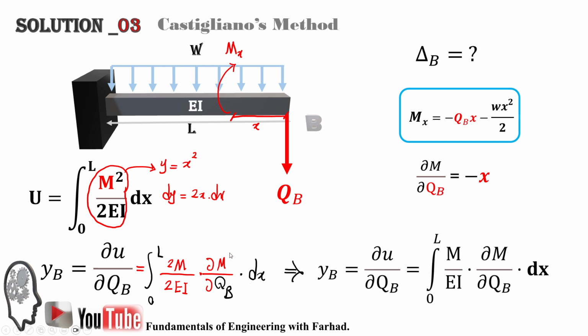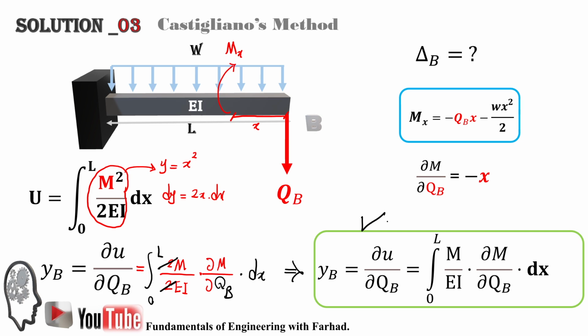Using the same rule, the two cancels out with the two in the denominator, and it gives us y sub B, or delta at B, equal to partial U over partial Q sub B, which is the integration from 0 to L of M over EI times partial M over partial Q sub B dx.